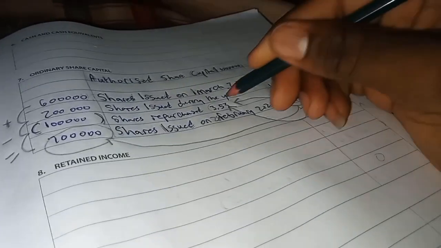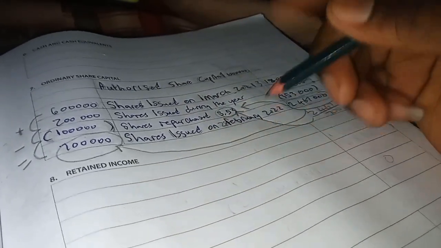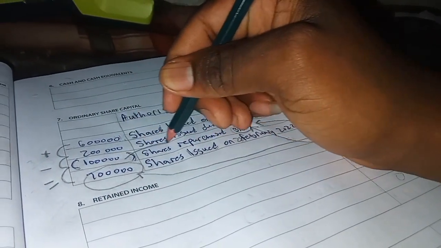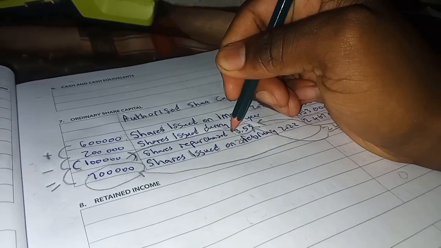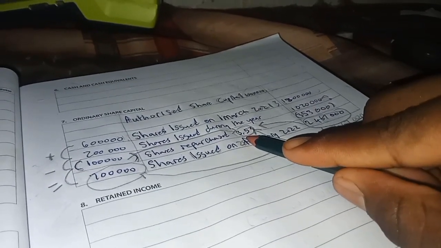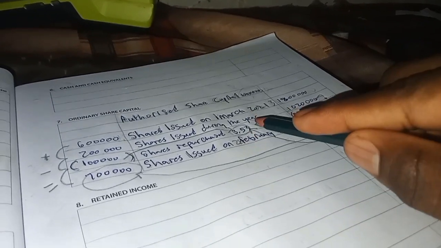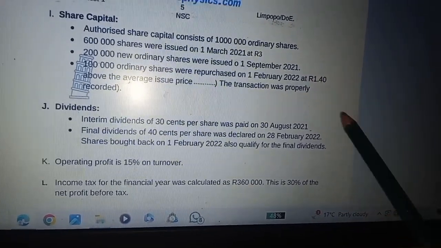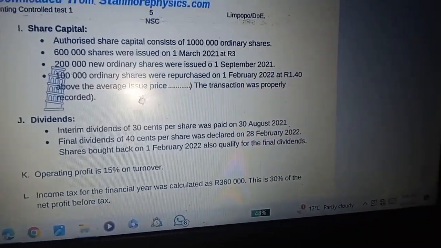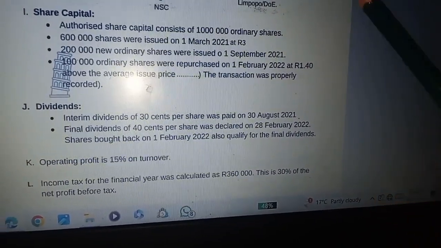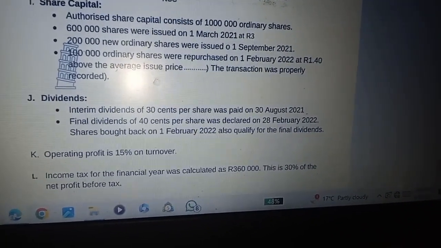After you got this amount, we say the shares that we repurchased, you multiply by the amount, which is 3 rands and 53 cents. Remember, in February they say the repurchase was at 1 rand 40 cents above the average price.